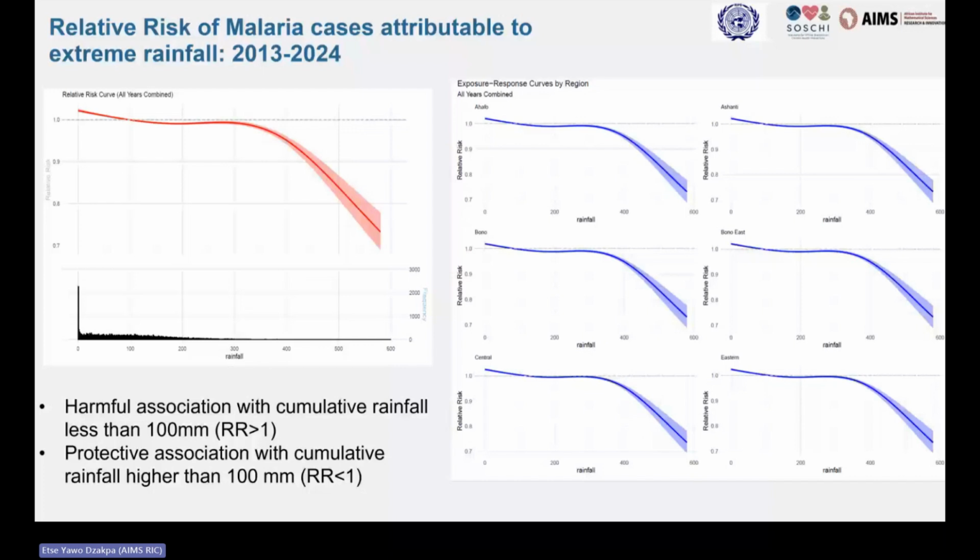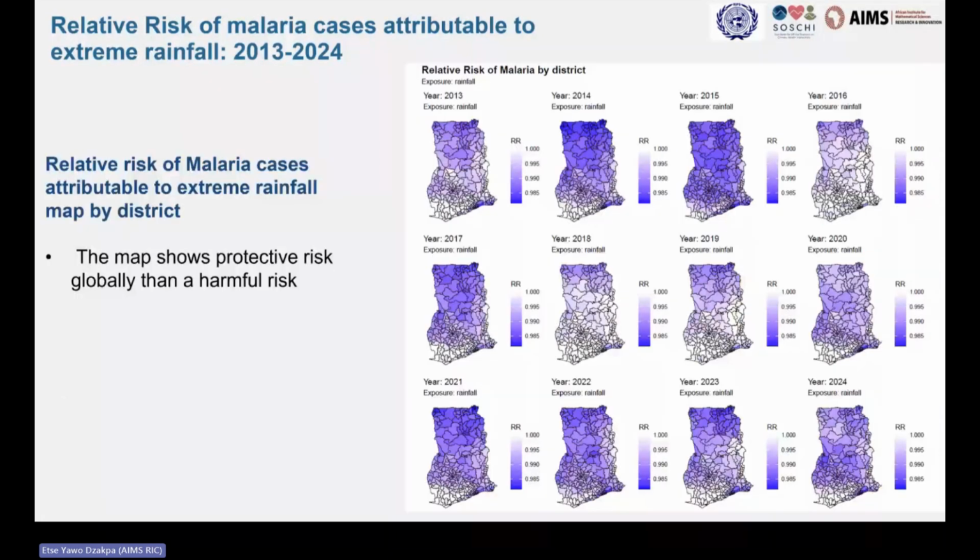But as we said, we need a little precipitation to create the breeding sites, meaning that when the cumulative rainfall is less than a certain threshold, it contributes to a high excess number due to extreme rainfall. And here is the district level mapping showing broadly a protective more than harmful impact of rainfall on malaria.